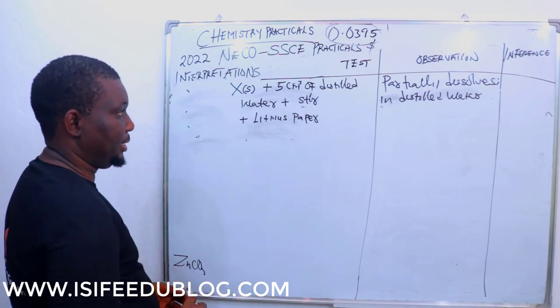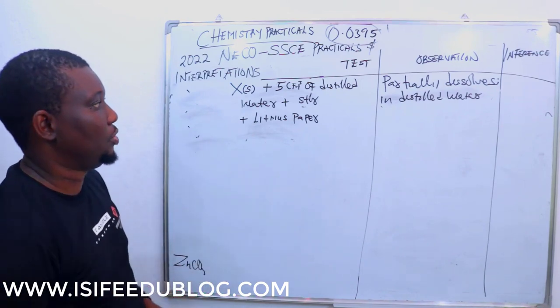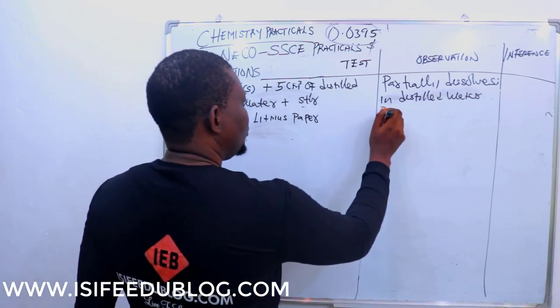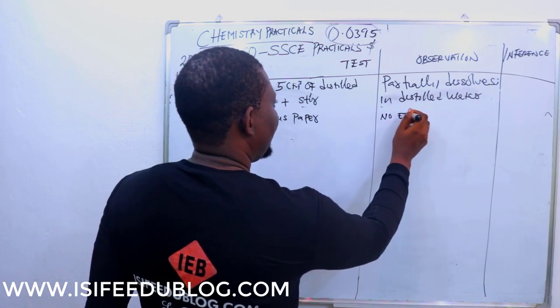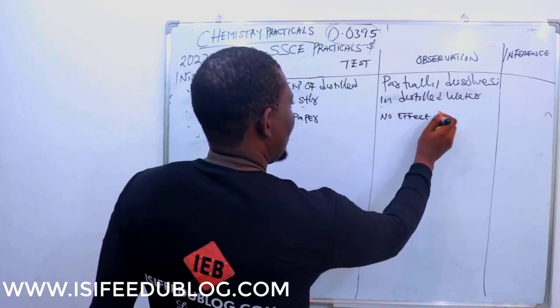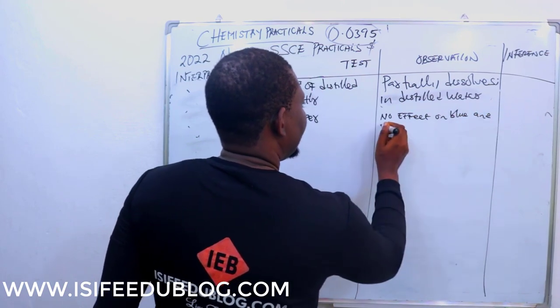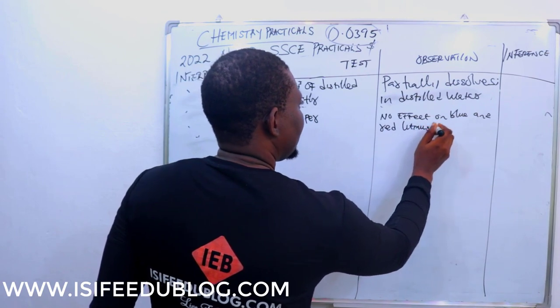So basically it will be neutral with litmus. So with litmus paper, no effects. Make sure they are aligned. No effects on blue and red litmus paper.